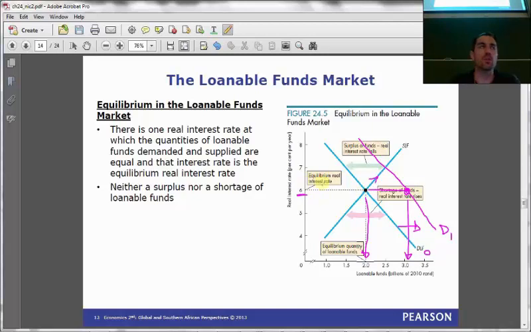As the interest rate increases, the quantity of loanable funds demanded starts decreasing. And as the supply increases and demand decreases, eventually we end up at a new equilibrium point. Whoops. And I cannot actually draw one. Well, anyway, we end up at a new equilibrium point here.